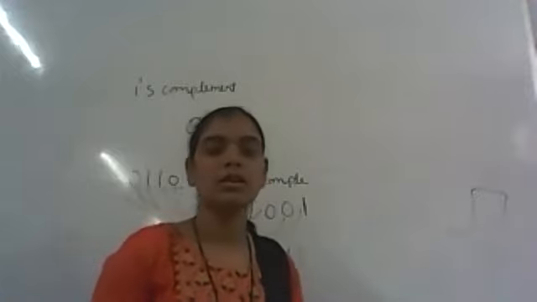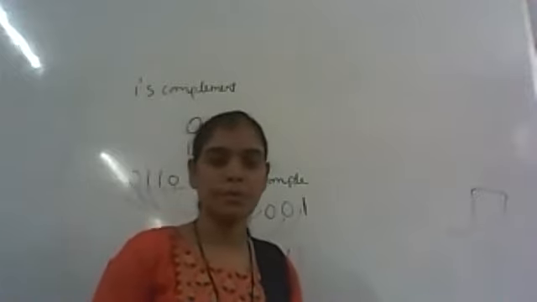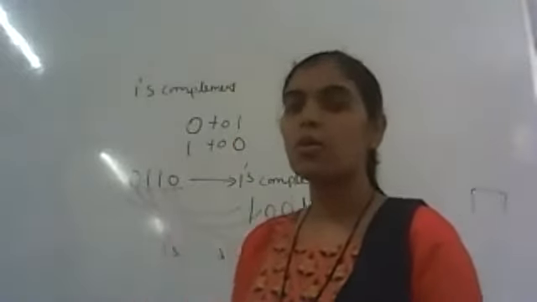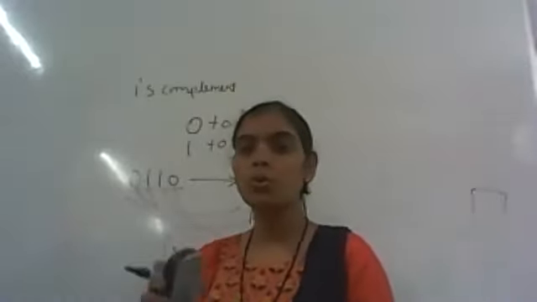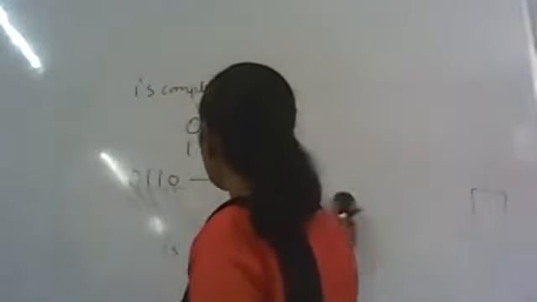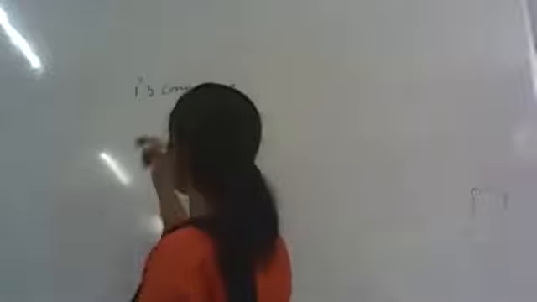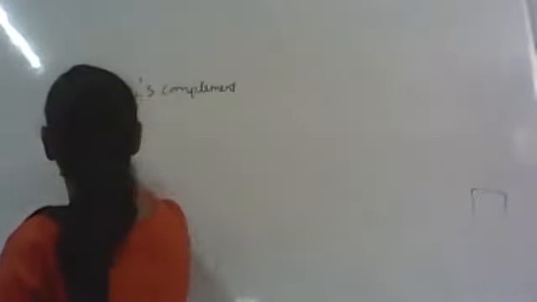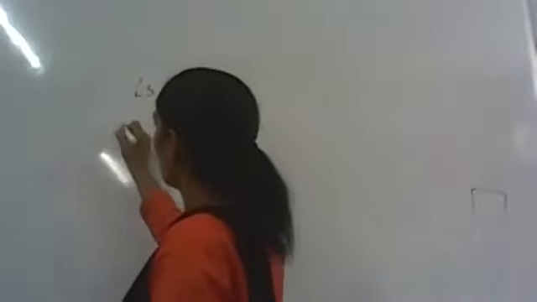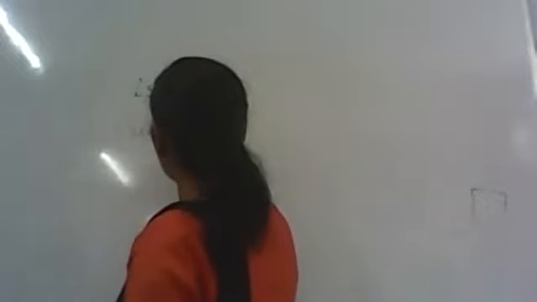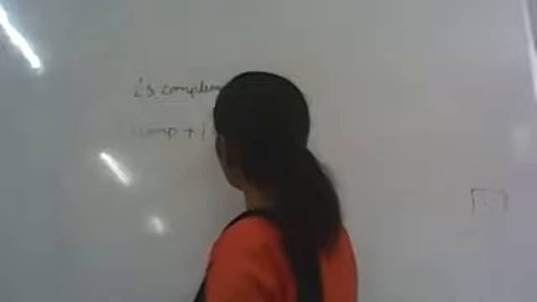Now we see 2's complement. The 2's complement of a binary number is 1 added to the 1's complement. What is the 2's complement? 2's complement means 1's complement plus 1 equals 2's complement.